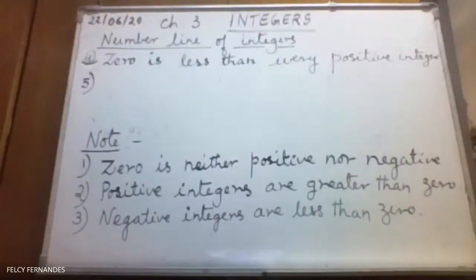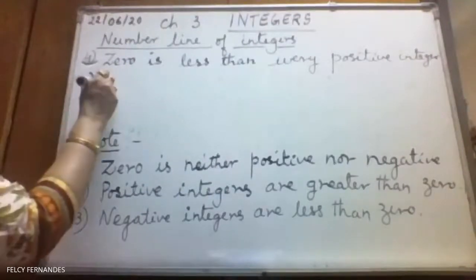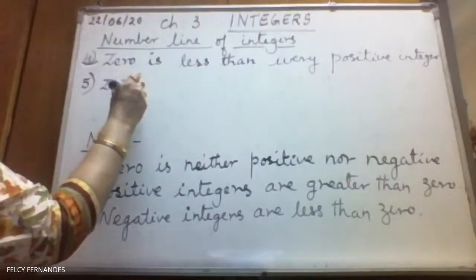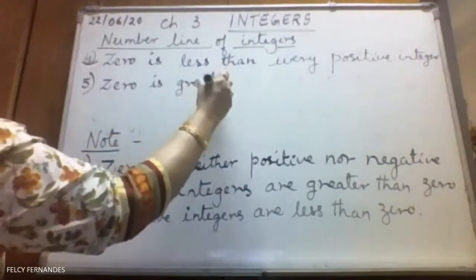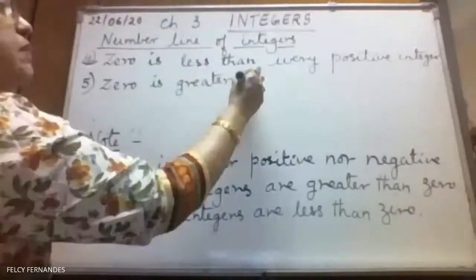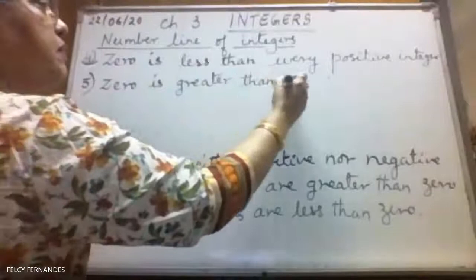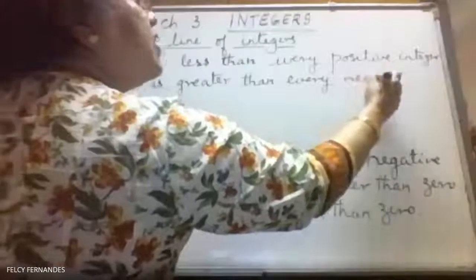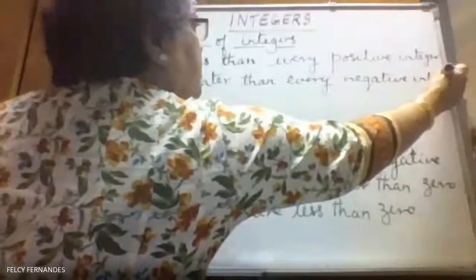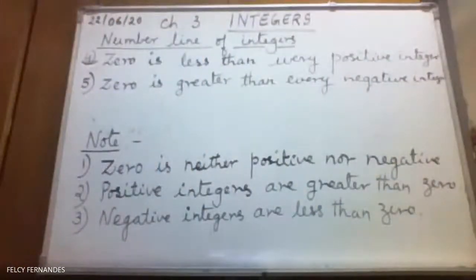Leave a line. The fifth point, 0 is greater than every negative integer.